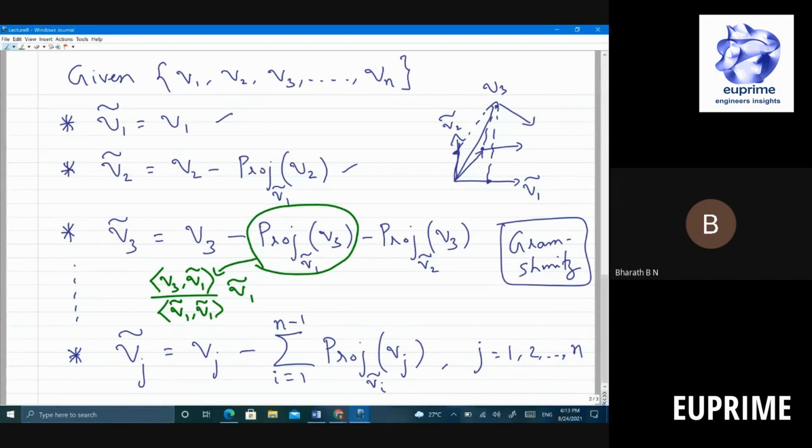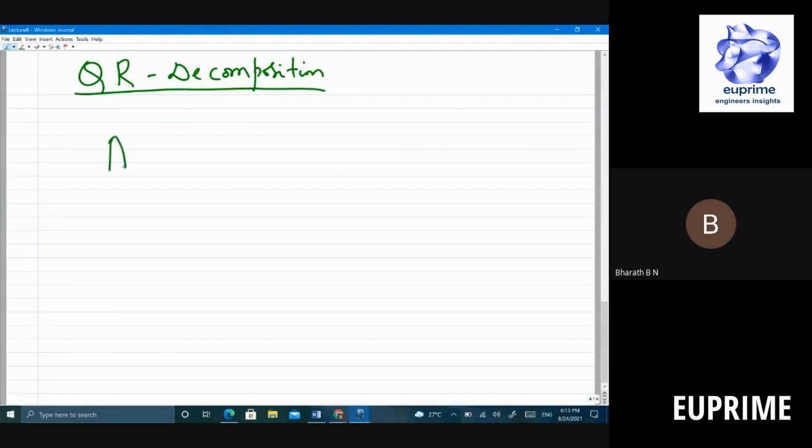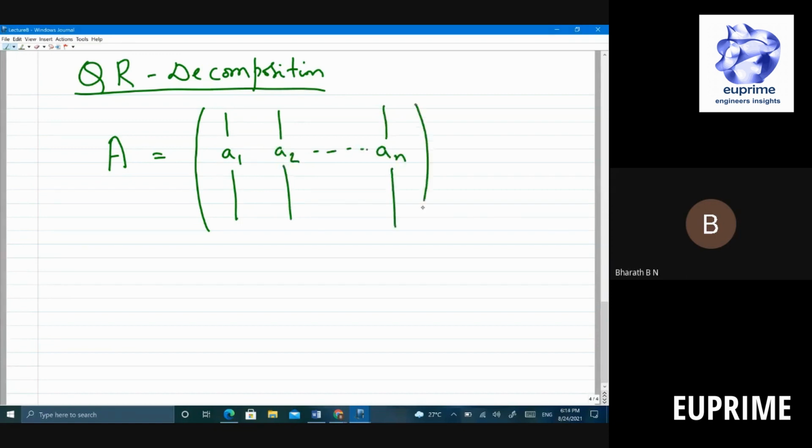Okay, now what is QR decomposition? So QR, that's easy, right? So you take any matrix A. I can think of this as its column vectors, right? A1, A2, etc., AN. Well, remember, this is true for any matrix, not necessarily a square matrix.